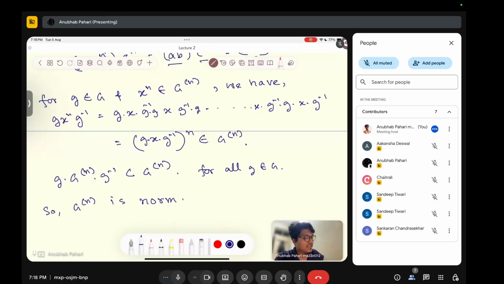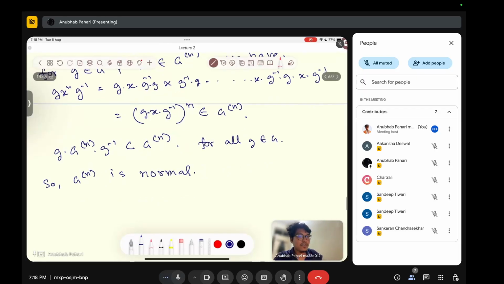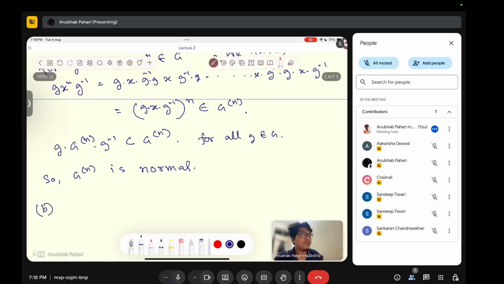Clear, right? Now the second part, part B, that G^(n-1) is normal in G. Can anyone think and tell me? We have to use a little trick, but that is not that bad. So if any one of you can think and tell me.